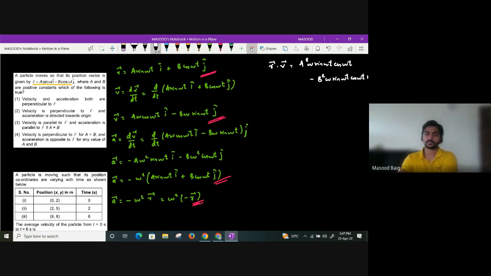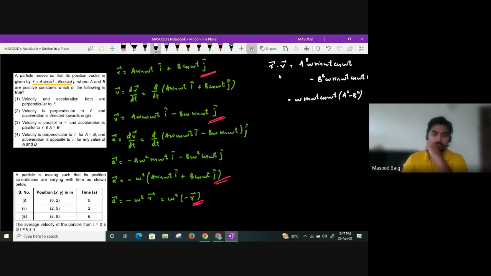If I take omega sine omega t cos omega t common, I'll get a square minus b square. Is this 0? It is not 0. If it was 0, then r bar and velocity vector would have been perpendicular to each other.